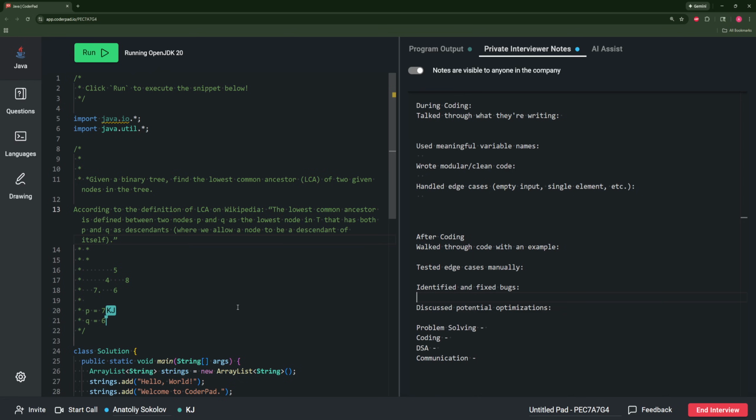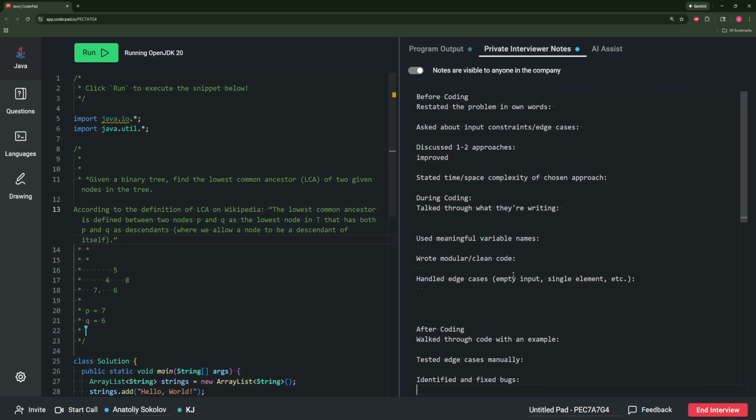So I would first start off with finding a path from the root for both P and Q. I would do a DFS search, and then I would calculate the path.